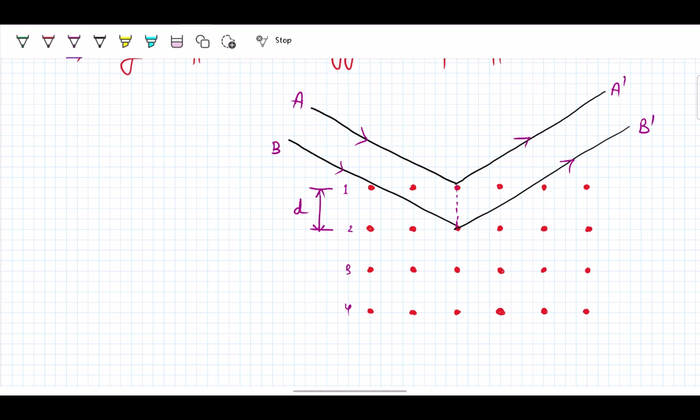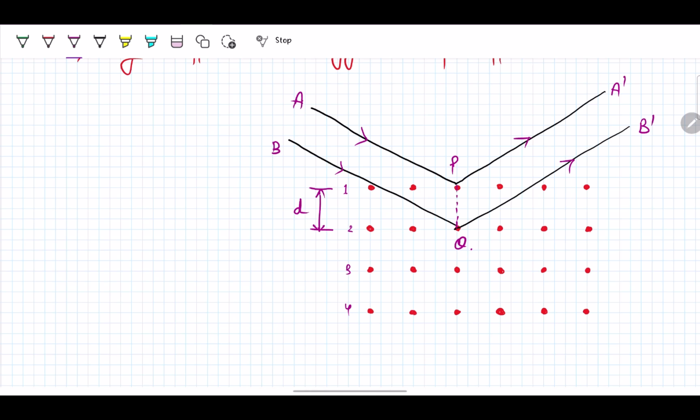AP and BQ are two parallel incident rays reflected from points P and Q on the crystal planes, and they travel along PA dash and QB dash respectively.